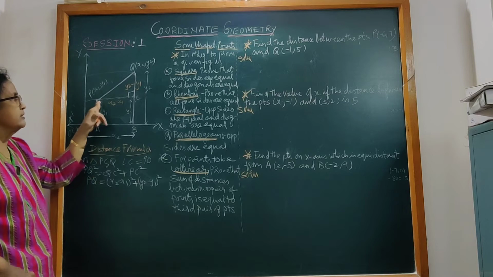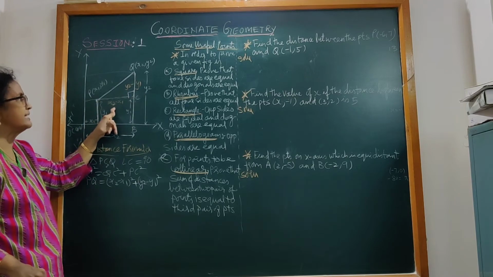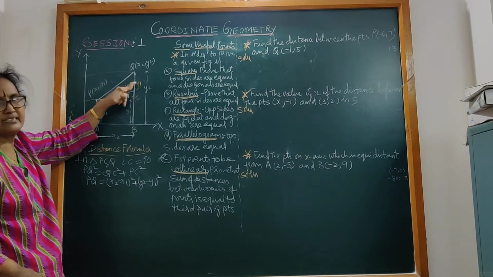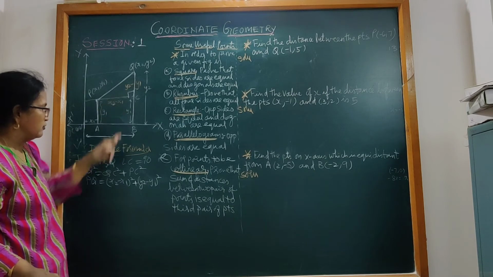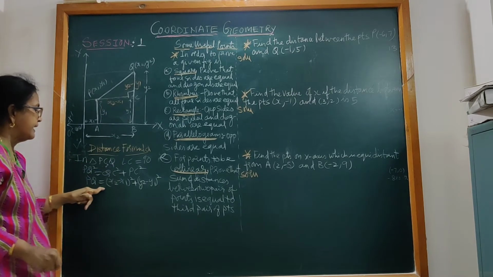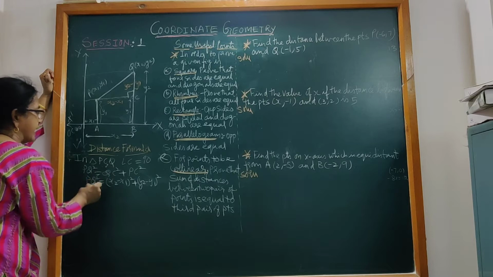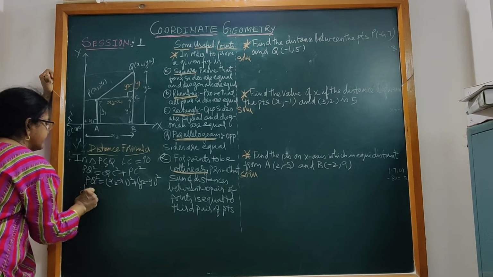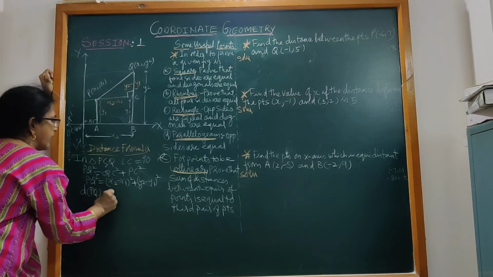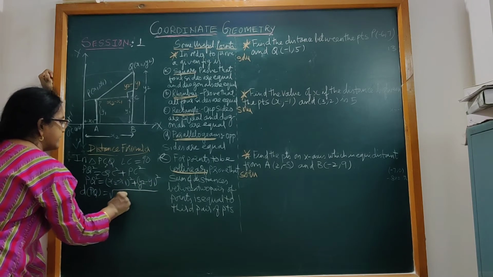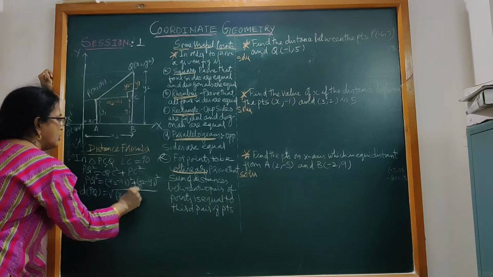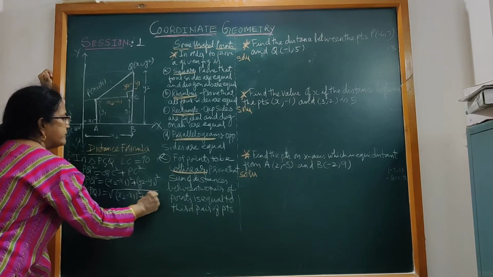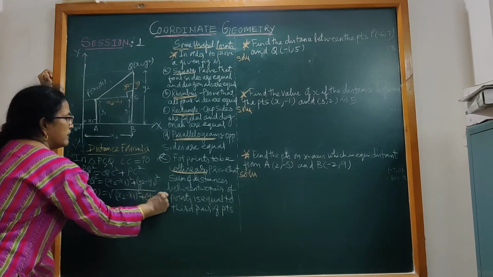So we have placed these in the Pythagoras. Now this is your PQ square, and the square will go and become square root. Therefore, distance PQ is equal to under root (x2 minus x1) the whole square plus (y2 minus y1) the whole square.